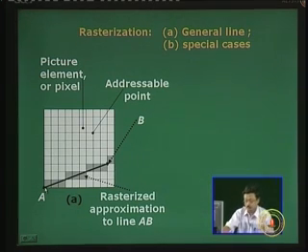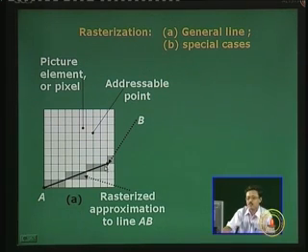For line AB, which are the pixels to be switched on? Take a particular example: the rasterized approximation to line AB means that you will not see the dark line joining points A and B as talked about here, but you will see these gray shaded square pixel blocks. They will not appear square because they are so small and finite that they will appear to be a continuous line.